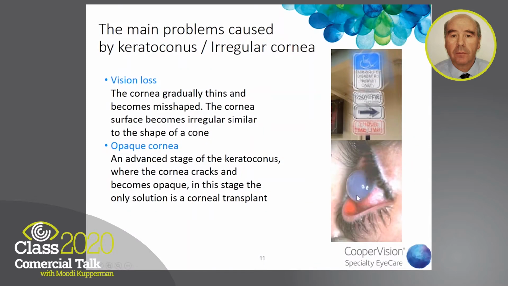It's like taking a nylon bag and stressing it, and by the end you see that it becomes white because of the effort you do. In this stage, the only solution is a corneal transplant. But we know that after corneal transplant, many times we need to fit contact lenses in order to vault the irregularity of the operation.